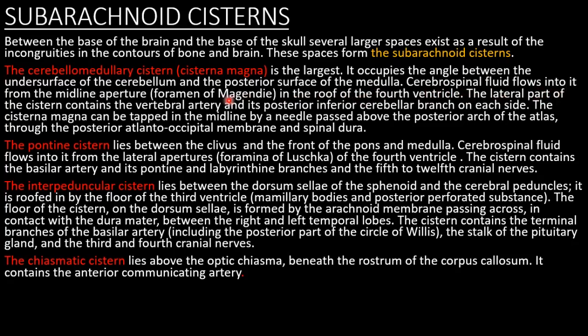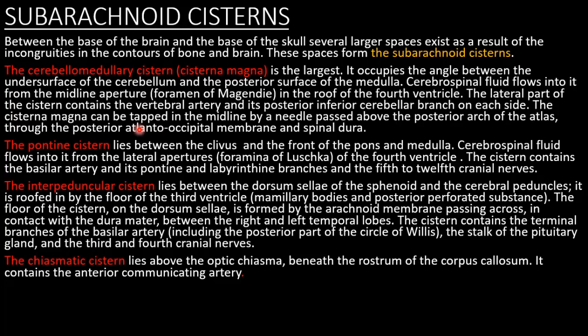Then the lateral part of this cistern usually contains the vertebral artery and the posterior inferior cerebellar branch, okay, on each side. Then the cisterna magna can be tapped in the midline by a needle passed above the posterior arch of the atlas through the posterior atlanto-occipital membrane and the spinal dura.